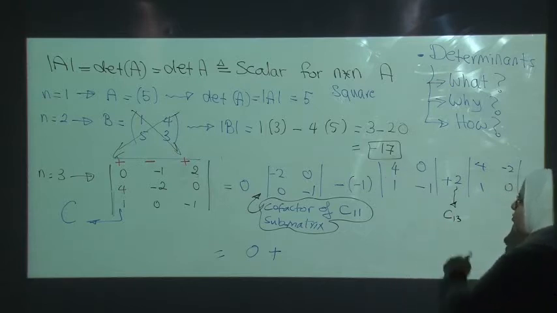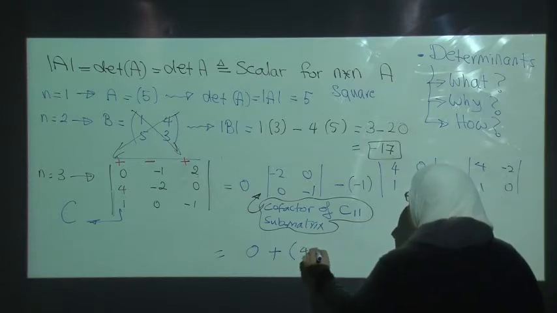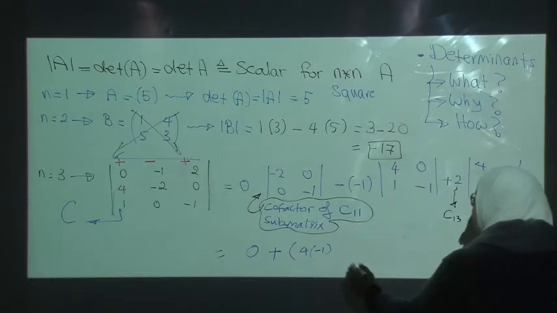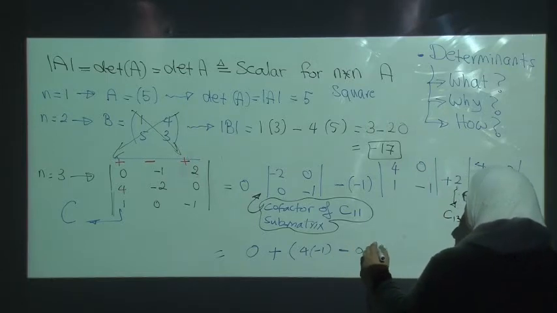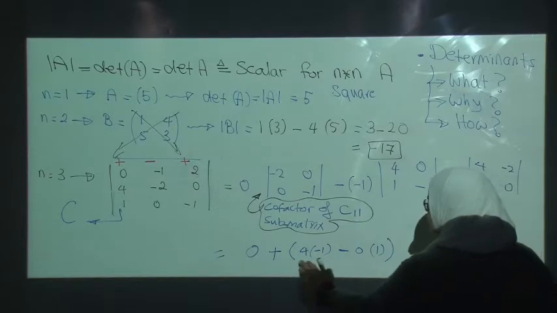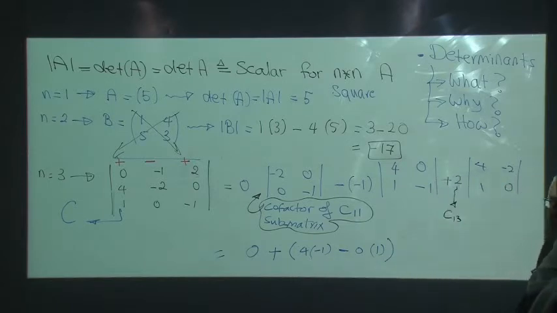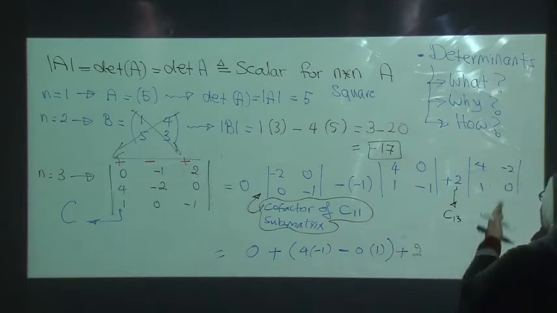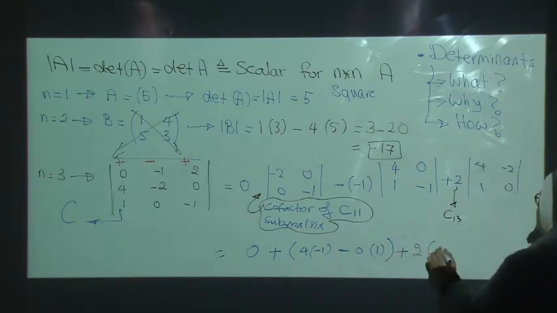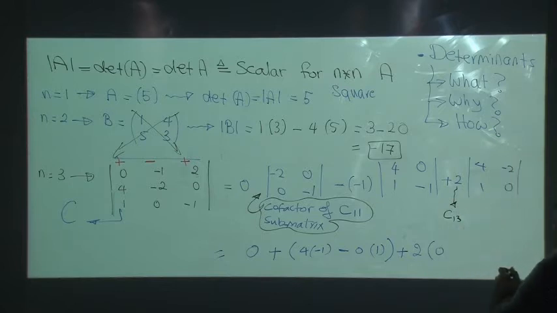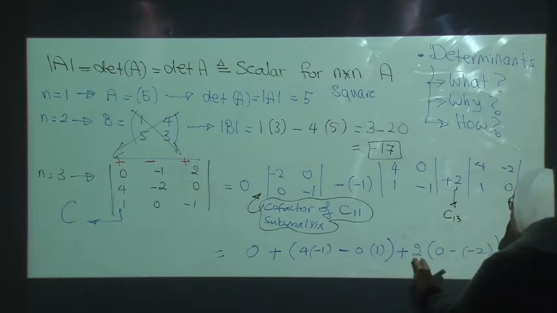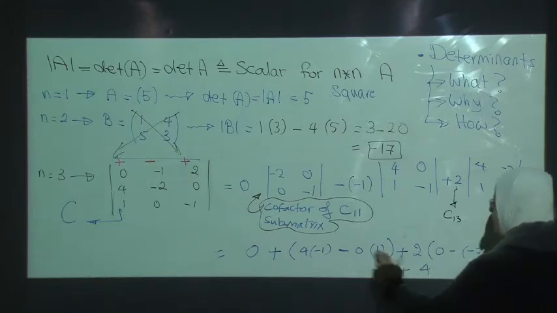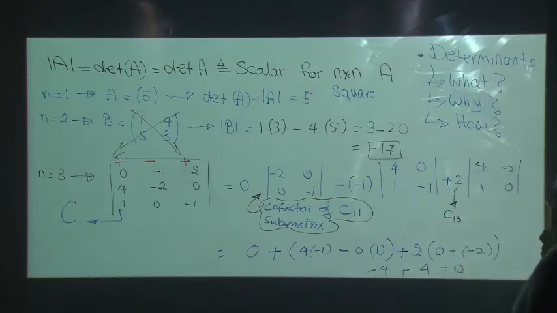It's 4 times -1, which means it's -4, minus 0 times 1, which is 0, which means that we have here -4, and then plus 2. The determinant here is 4 times 0, which is 0, minus the off-diagonal elements product, which is minus -2. Here we have plus 2. 2 times 2 is 4. And here we said it's -4. The determinant is equal to 0.